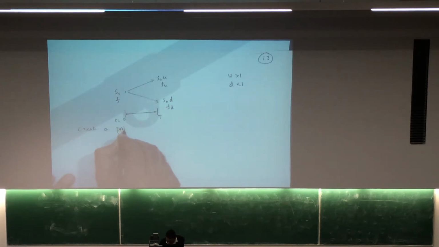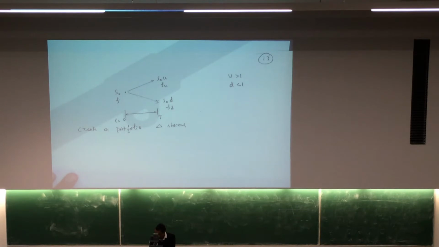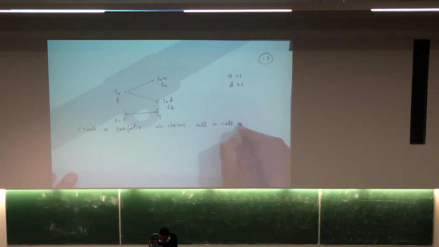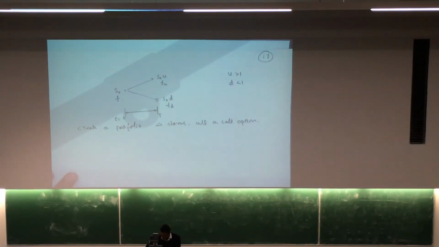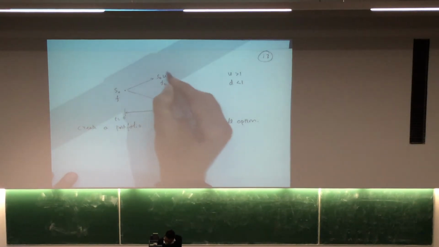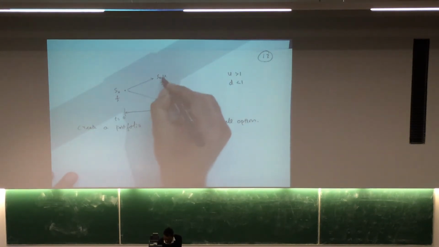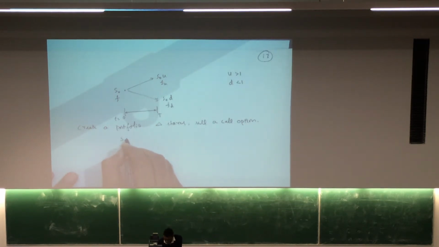Create a portfolio with delta shares and sell a call option. Exactly the same as what we have done in the numerical example. Then what happens is the following. Look at the first situation. Stock price is moved by, let us say, S0U. So S naught U is the new price of the individual stock.